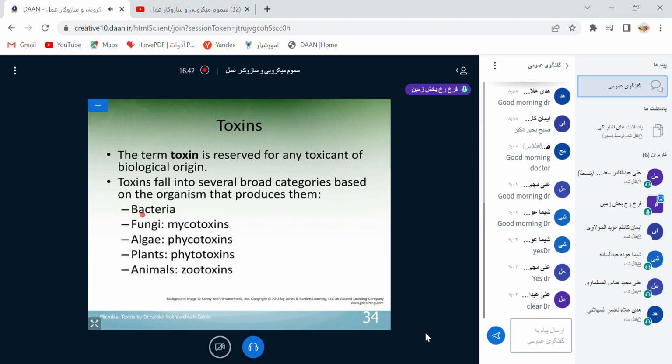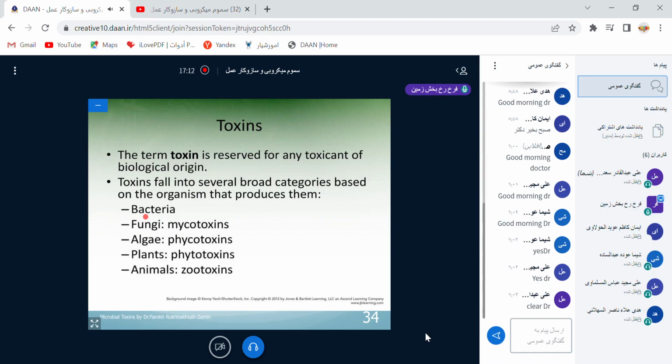One group of microbes which can produce toxins are bacteria. Most of the lectures during this semester were related to bacterial toxins, like the toxins of Clostridium tetani, Clostridium botulinum, Corynebacterium diphtheriae, and the others.